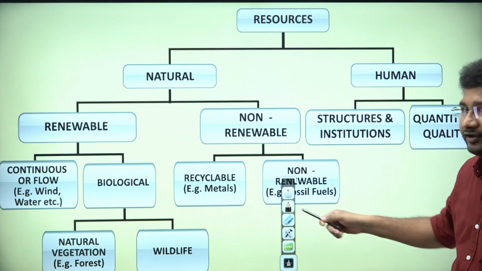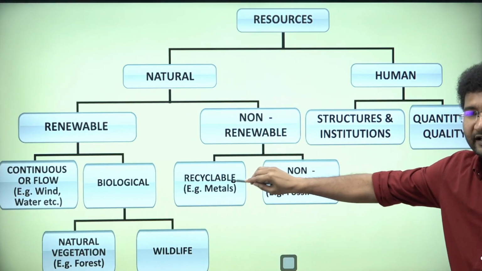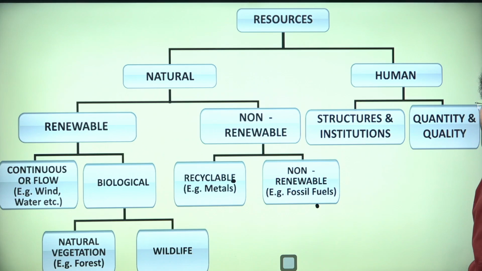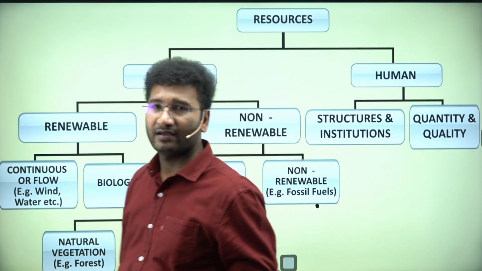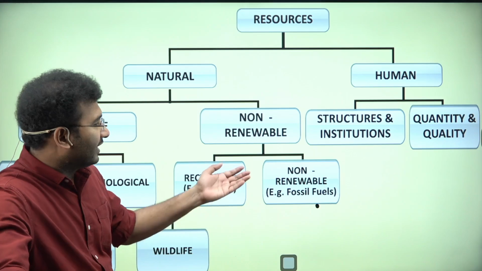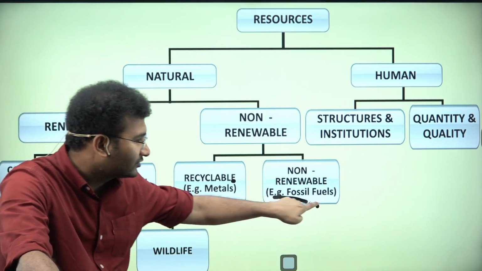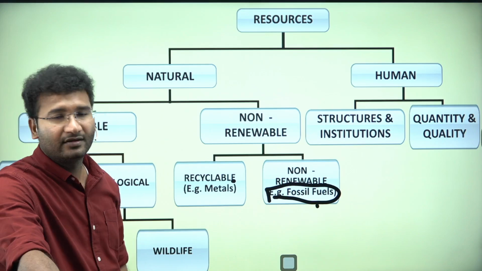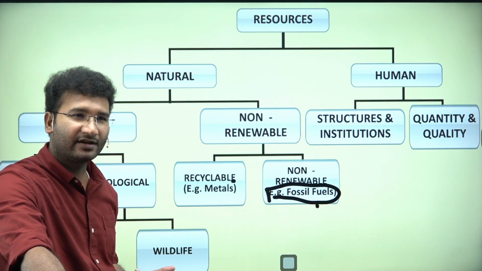See, renewable and non-renewable energy. Renewable energies, they can be recyclable and non-recyclable. Recyclable are those which are metals, can be recycled, right? Whereas non-renewable are the fossil fuels, right? Here recyclability and renewability are two different things, right?